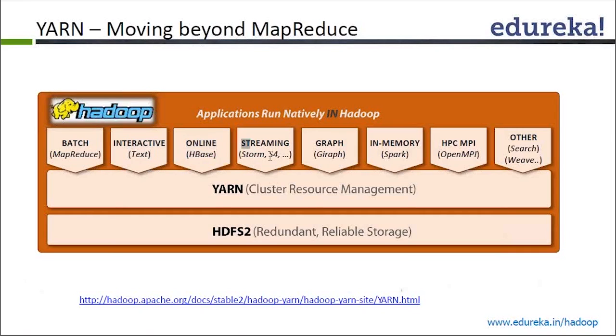If you want to do any streaming, you can use Storm, and for in-memory implementation you can use Spark. You can do graph processing, any kind of parallel processing, and any other search implementation you want. All those applications are now possible to run on top of Hadoop with the YARN-enabled architecture.